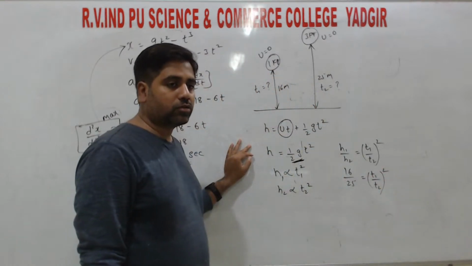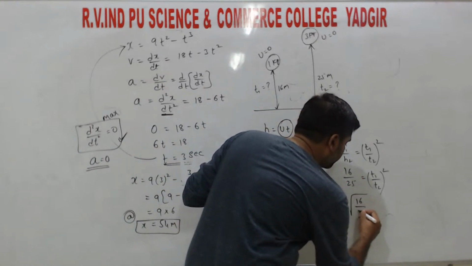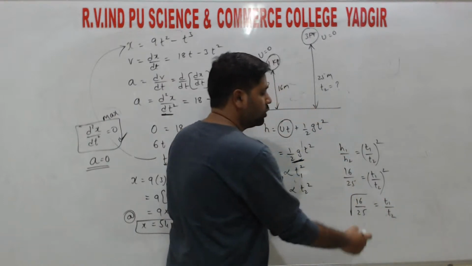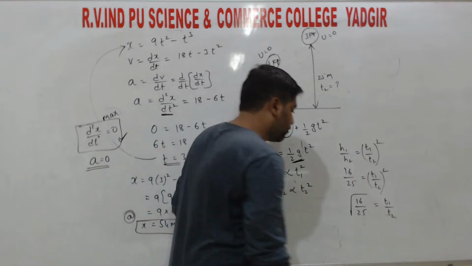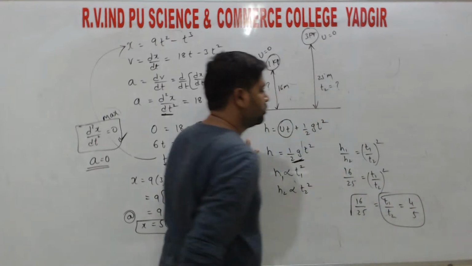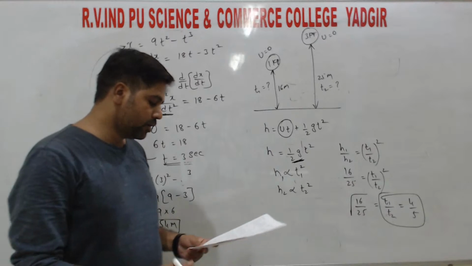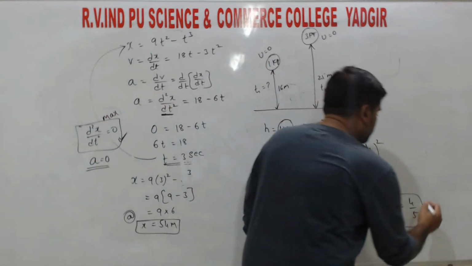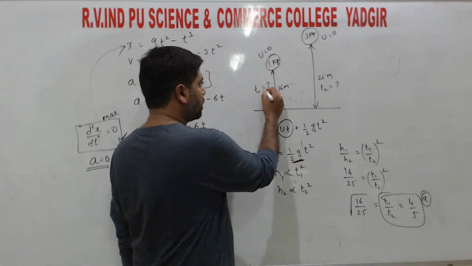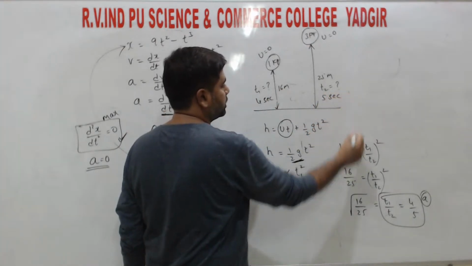Taking square roots on both sides, we get the square root of 16 divided by 25 equals t1 by t2. Root 16 is 4, root 25 is 5, so t1 by t2 is 4 divided by 5. So the ratio of time taken by the two objects is 4 by 5. So the answer is option A, right? That means the time taken by the first object is 4 seconds and here it is 5 seconds.